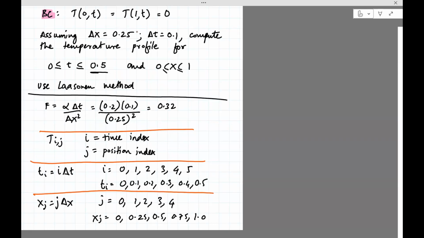So when you have this t and x, you probably want to show your solution as a table of all combinations of t_i and x_j. So it's basically T_ij.